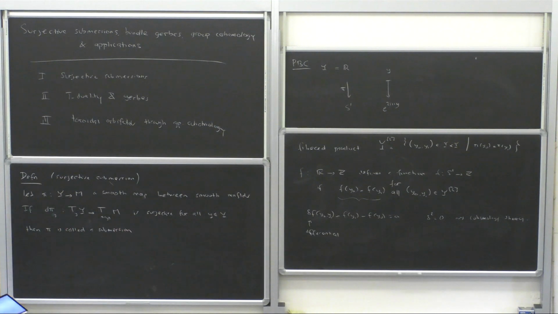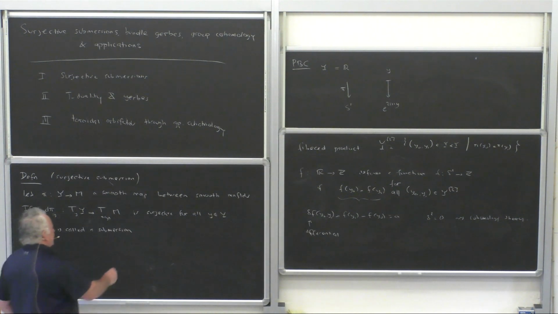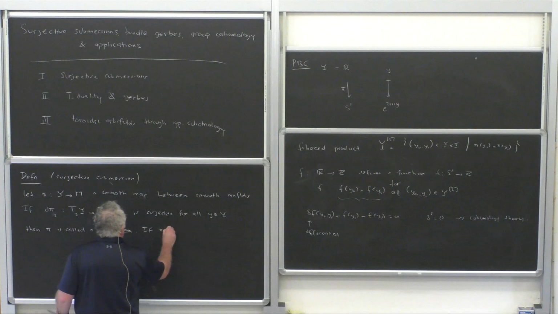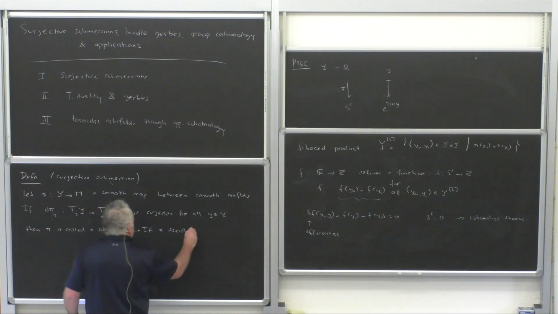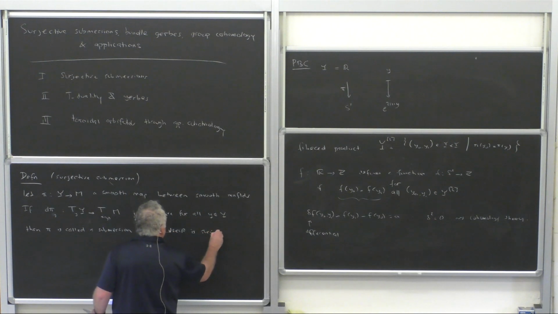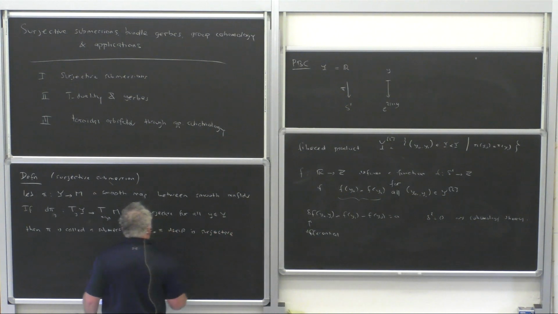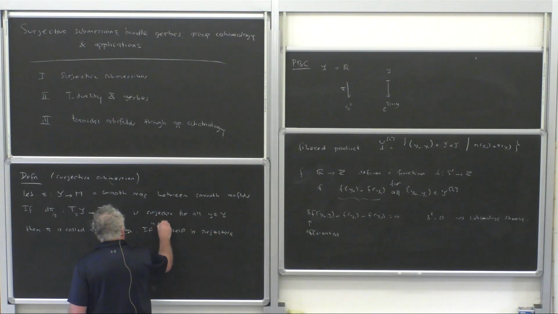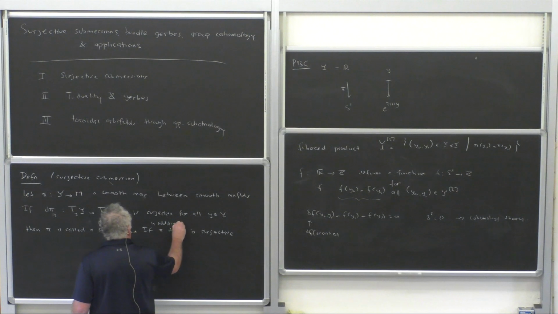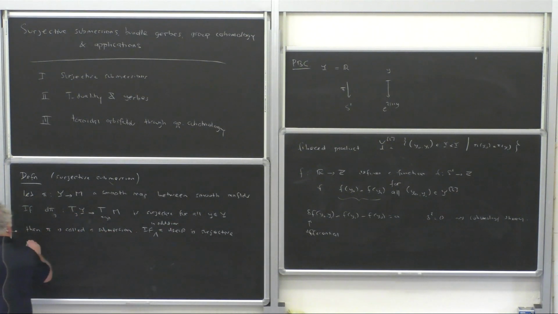Or if it's surjective at a particular point, it's called a submersion at that point. And of course, if in addition pi itself is surjective, then pi is called a surjective submersion.